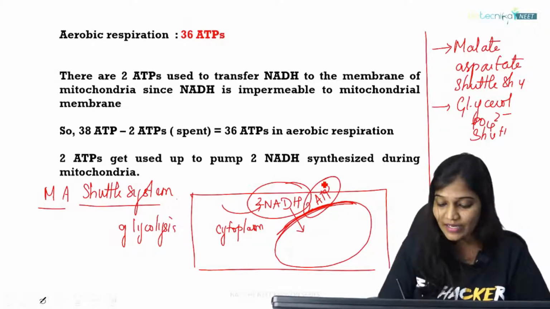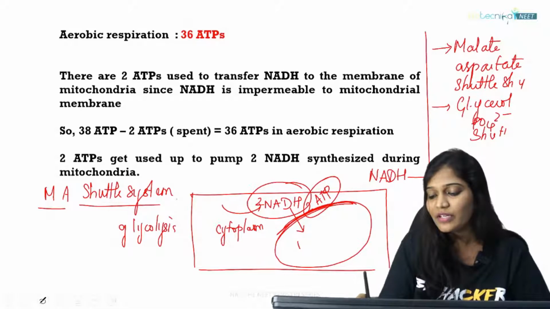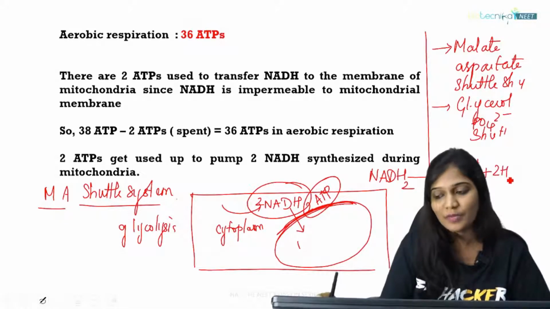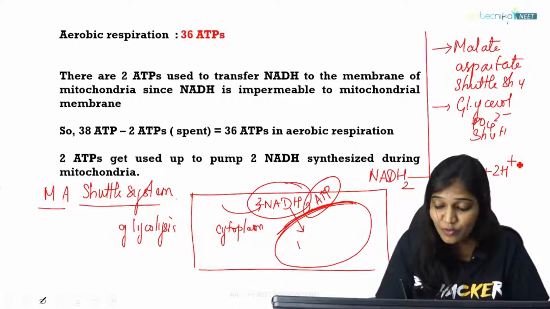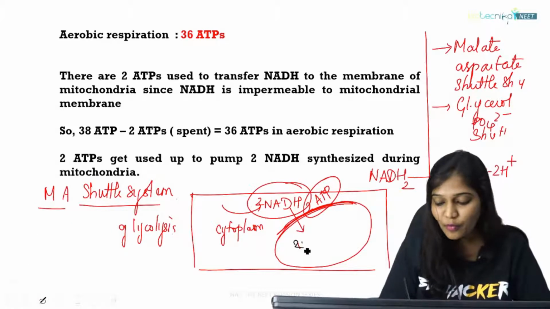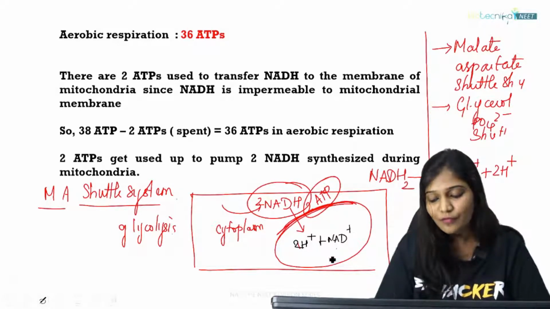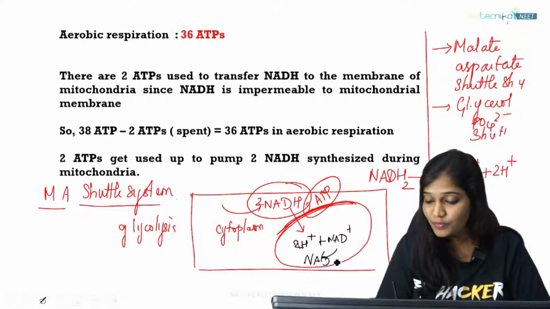That's why NADH will not go like that. NADH will get converted into NAD plus 2H plus, and only the 2H plus will go inside. The protons will go, combine with NAD plus and form NADH2.